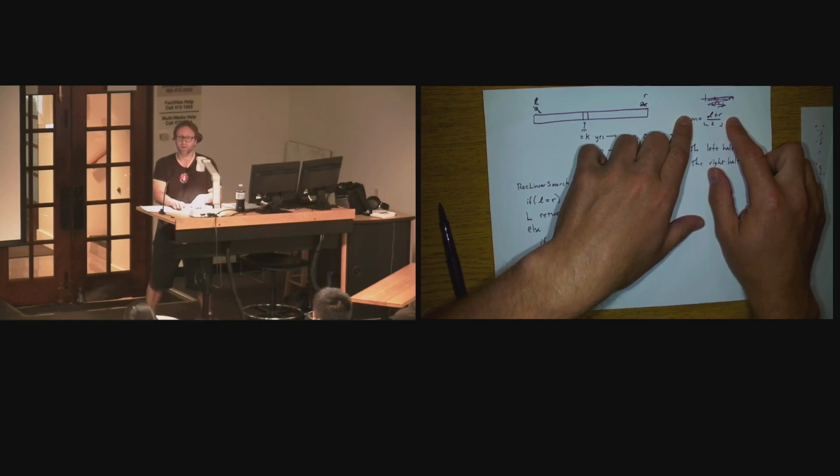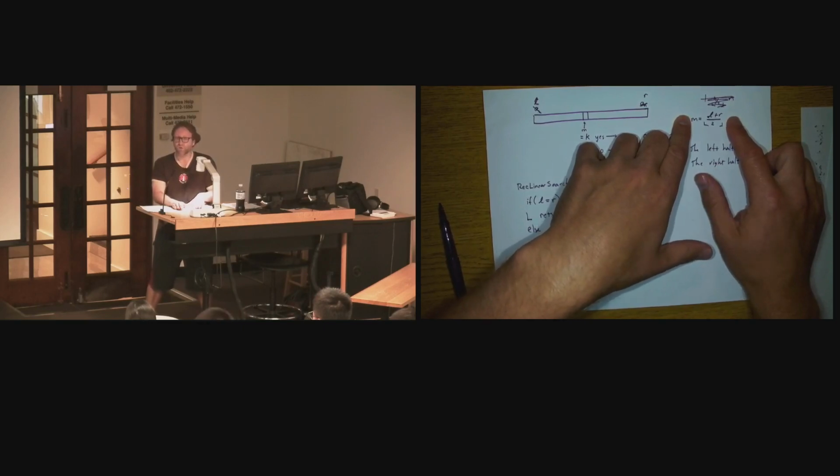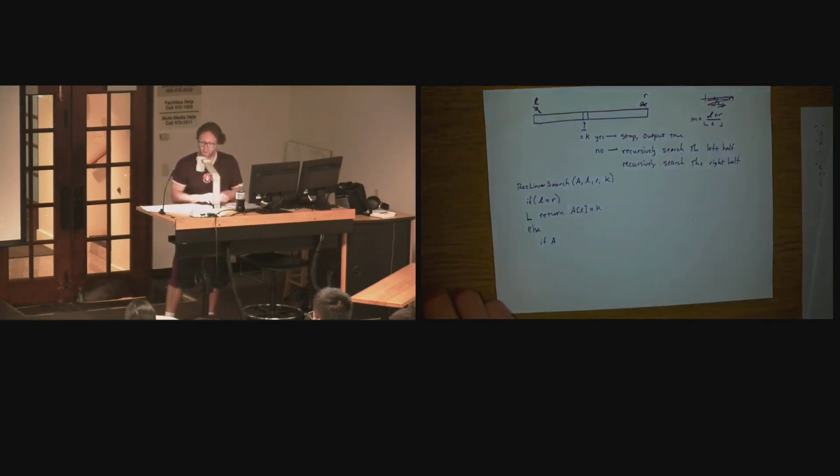This is risking overflow. In fact, this bug existed in Java for 15 years. And nobody really cared about it because you'd have to have an array of size at least 2 billion elements to hit this overflow error. But it was finally fixed after 15 years, right?